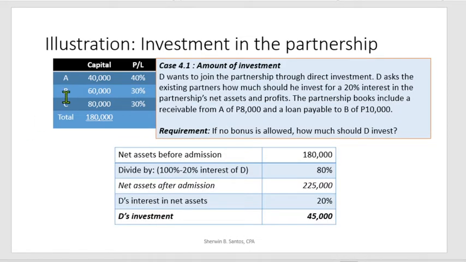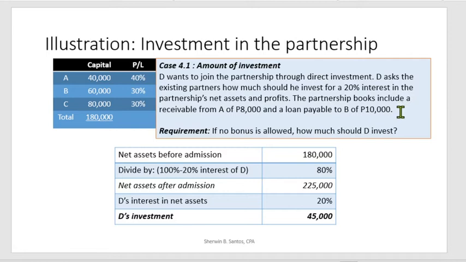Okay. Let us look at more items related to investment in partnership. Case number 4.1, the amount of investment. So let us complicate things. D wants to join the partnership through direct investment. D asks the existing partners how much should he invest for a 20% interest in the partnership's net assets and profits.